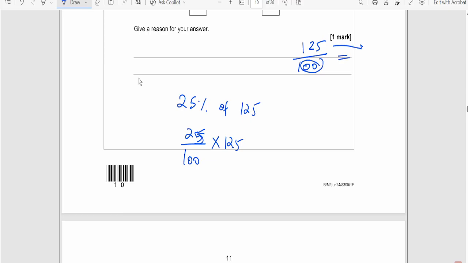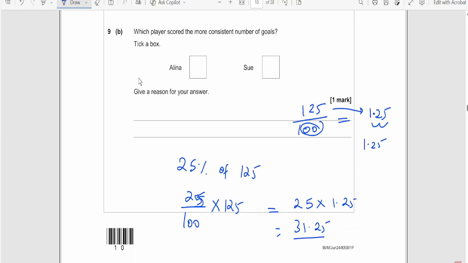You write the number as it is, and if there are two zeros, after two digits you put a decimal. So the answer is 1.25. Okay. So basically you need to multiply 25 with 1.25, which would be 31.25. That's your answer.